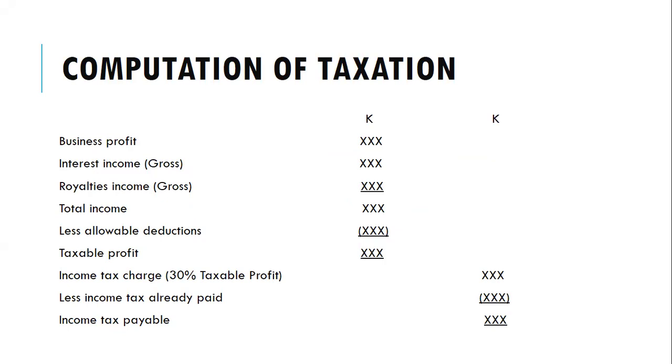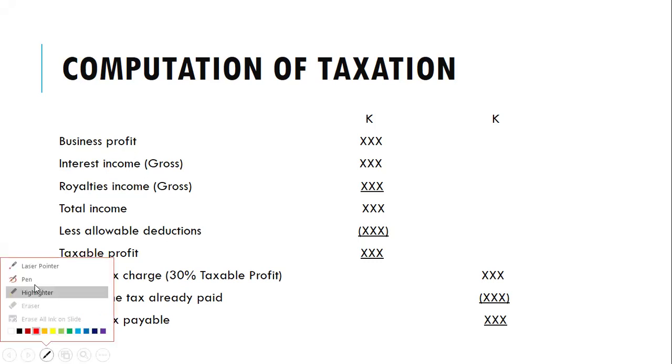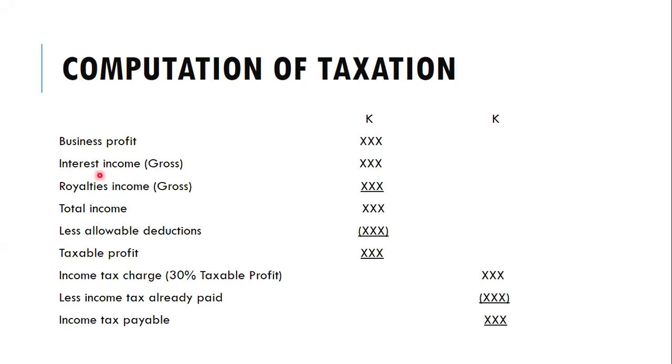The non-deductible expenses, those expenses which are not deducted for tax purposes, are added back to the net profit. Then the non-taxable income is deducted, as well as the capital allowances. Then you're going to get the taxable profit, and the taxable profit is the one that we put here on business profit.